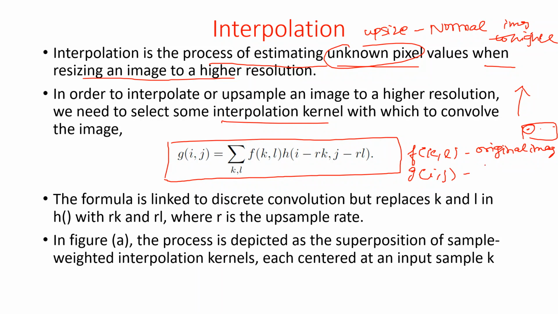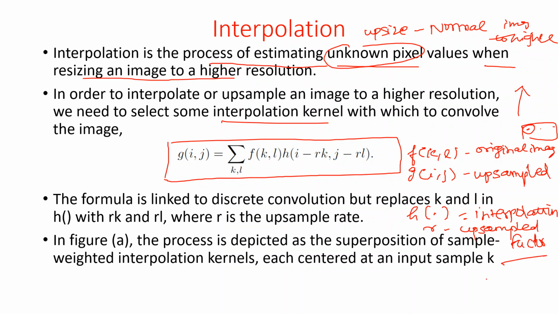On applying this kernel, we get a resultant enhanced or enlarged image, represented as i, j. h represents the interpolation kernel, which is used to convert the original to the upsampled one, and r is the upsampling factor, which is just a value.